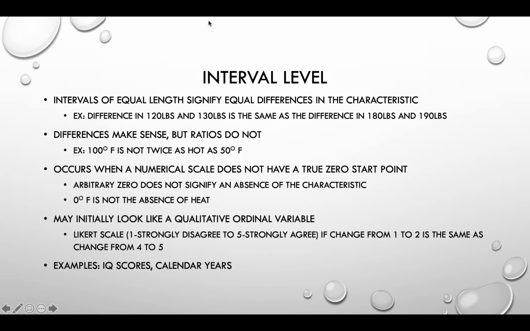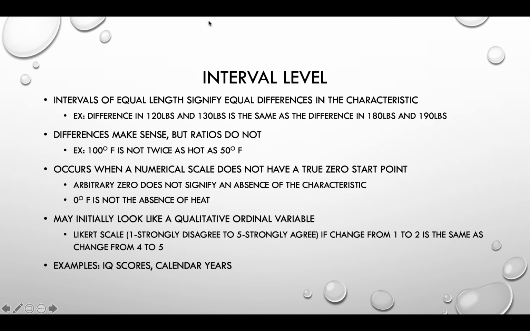Again, it may initially look like a qualitative ordinal variable, and this is where our Likert scale comes in. A lot of times people confuse qualitative ordinal with discrete interval. It's really just the assumptions that you're making on the equal length signifying equal differences in the characteristic.